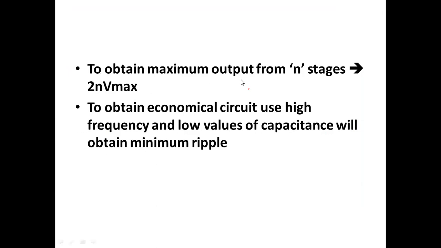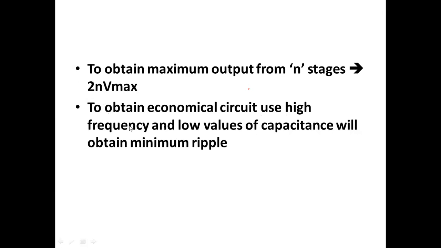To obtain the maximum output from n stages, the output of the n-stage generator will be 2n V maximum. If we have a single unit, for example the voltage doubler circuit, n is equal to 1. So if we put n equal to 1, the output of the voltage doubler circuit will be 2 V maximum.